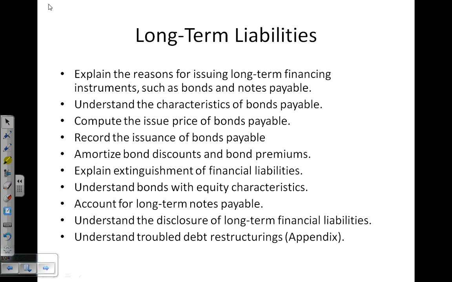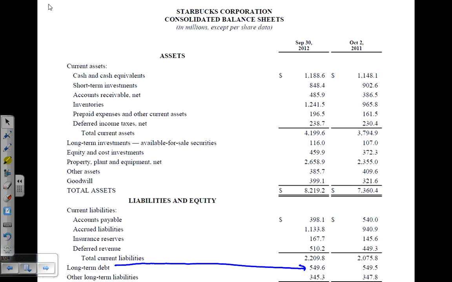In those cases, what we have to do is we're going to account for that long-term note payable at the fair value of the asset received or the fair value of the note payable. And then we'll talk about the disclosure of long-term notes payable and of long-term financial liabilities and understand troubled debt restructuring. So that's really where we are.